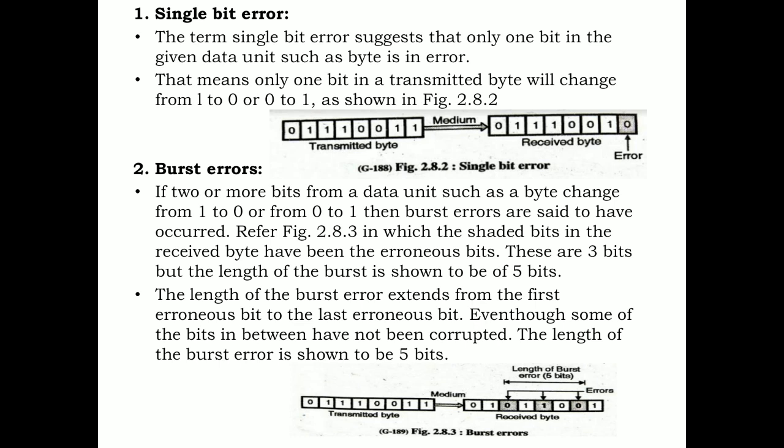Second is burst error. If two or more bits from a data unit such as a byte change from 1 to 0 and from 0 to 1, then burst errors are said to have occurred. The shaded bits in the received byte are the erroneous bits. These are 3 bits, but the length of the burst is 5 bits.